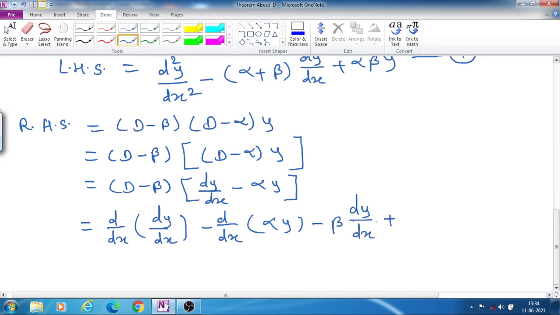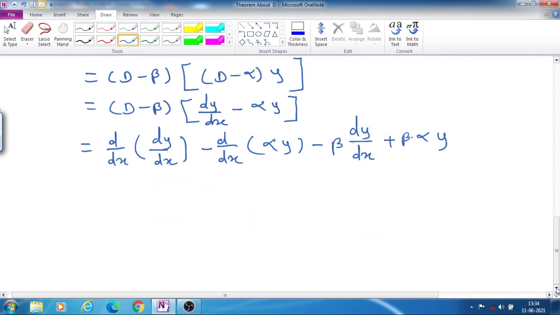Next, minus minus plus, this is beta into alpha into y. So this is equal to d by dx of dy by dx, again d2y by dx square, minus d by dx of alpha into y.